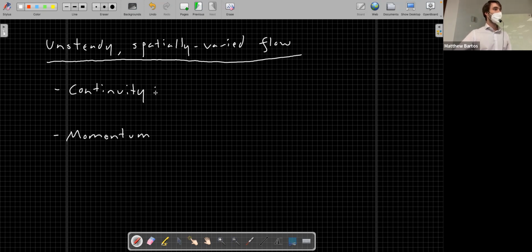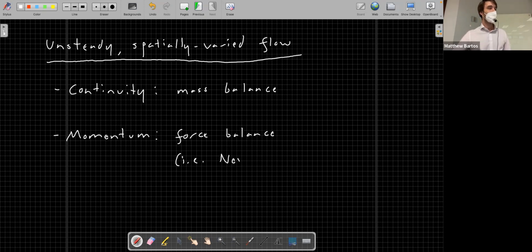No matter what type of system we're looking at, the flow in an open channel has to obey these two equations. Continuity being a mass balance, and momentum being a force balance. This is essentially Newton's second law applied to a body of water.